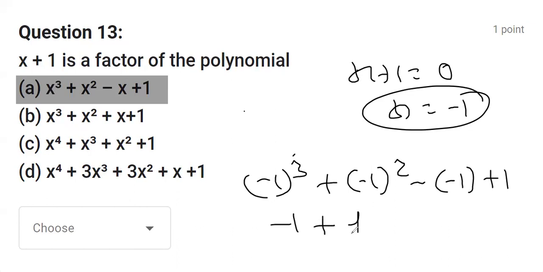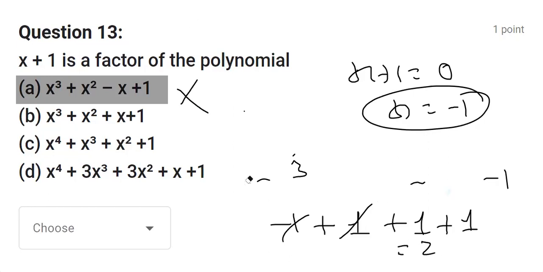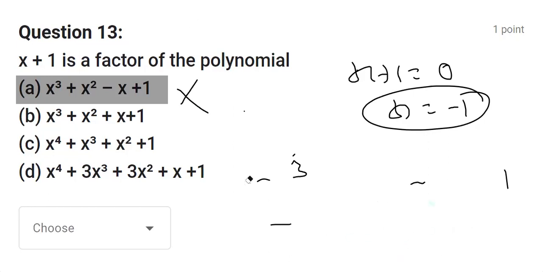Even power, positive 1. Minus 1 into minus 1 is positive 1, and this is positive 1. So we are getting 2 as the answer. So this is not correct. x plus 1 is not a factor of this polynomial.